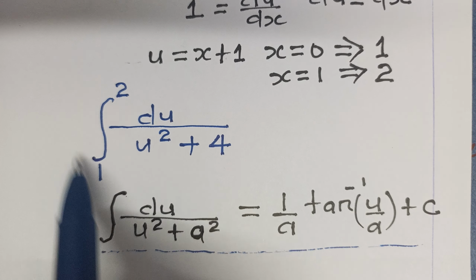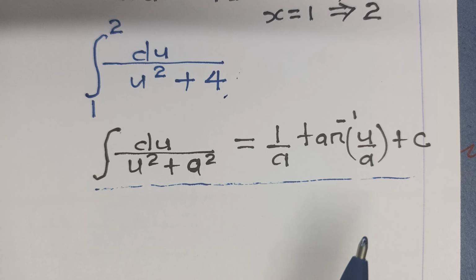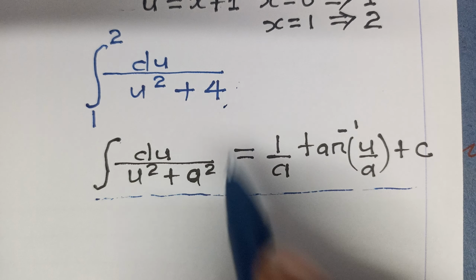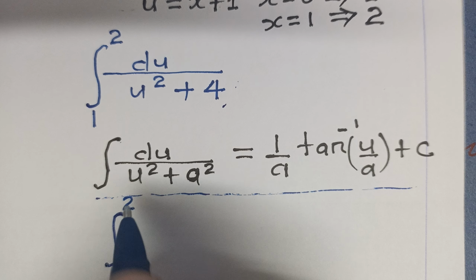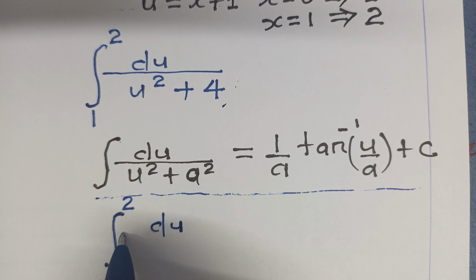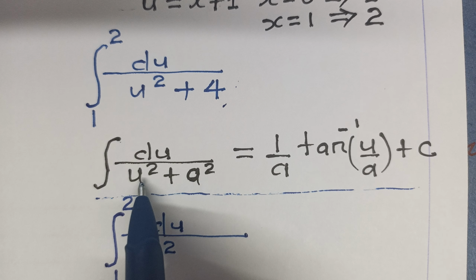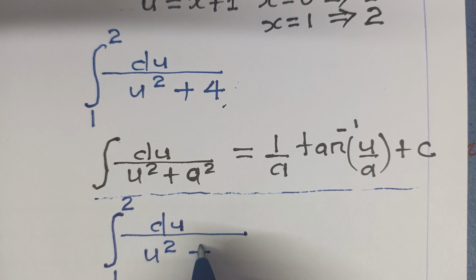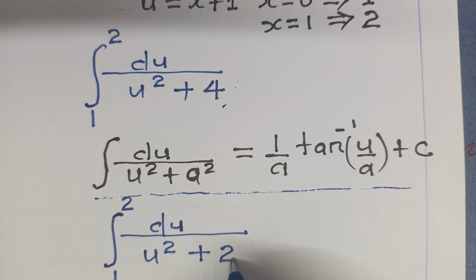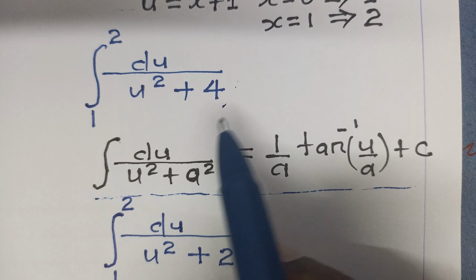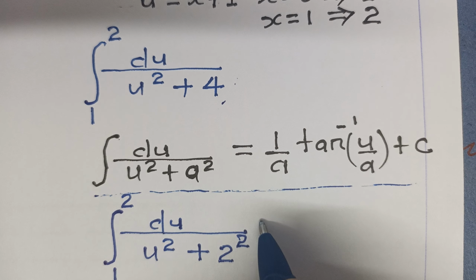You can see this is in the same form, we just need to modify it. We write the integral from 1 to 2 of du over u squared plus a squared, where for a squared we can write 2 squared, which comes to 4 as it is. And so this is what we now integrate.